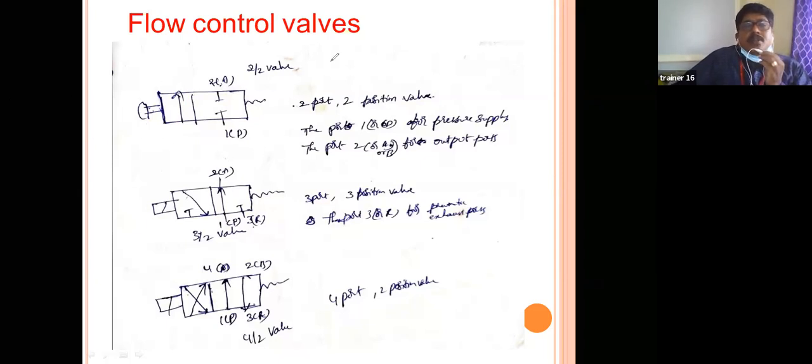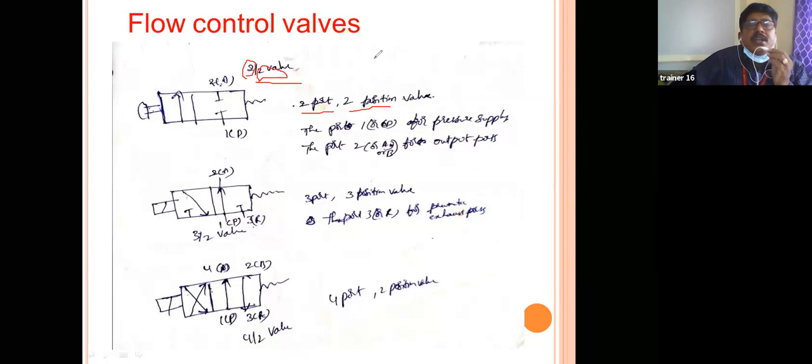Right. See here in this 2 by 2 valve, good. Here the first 2 indicates 2 ports, and this 2 indicates 2 positions changing.